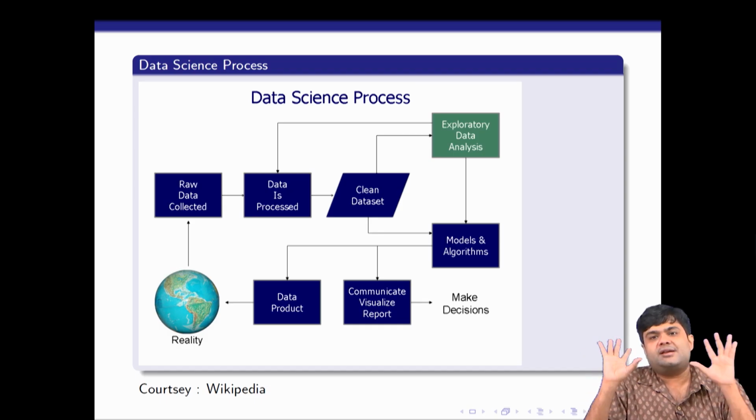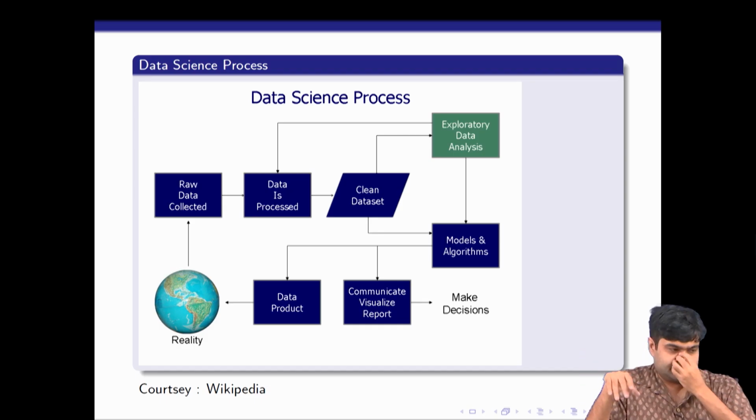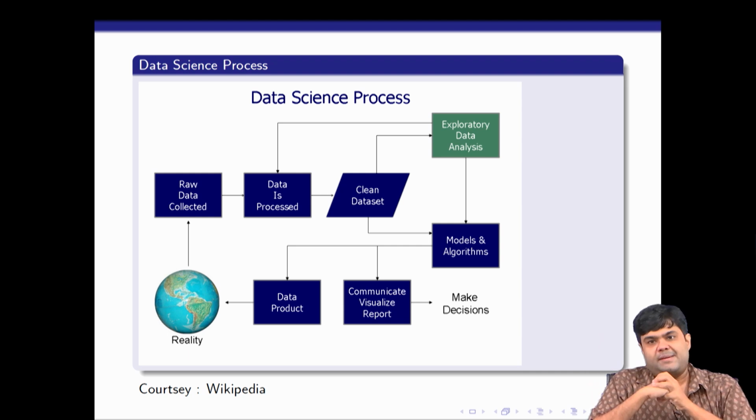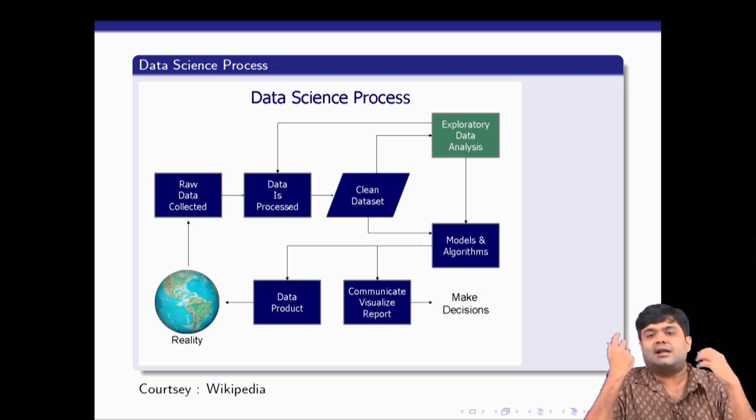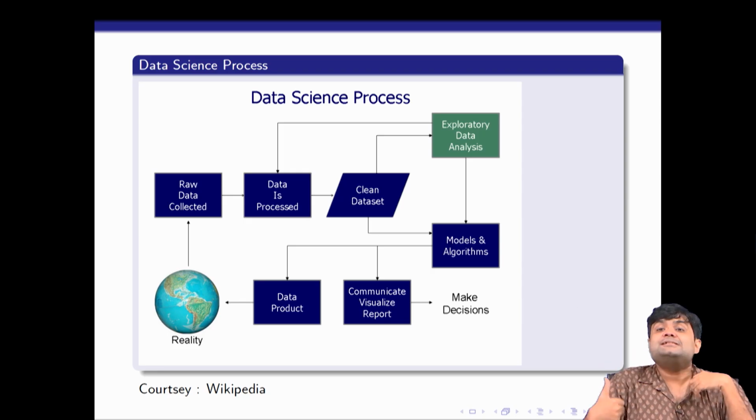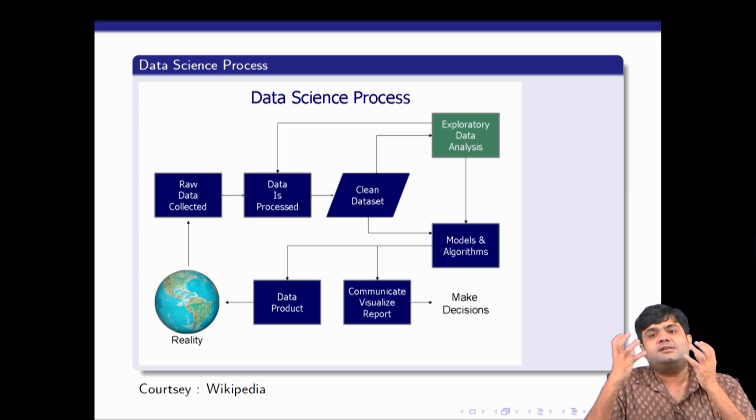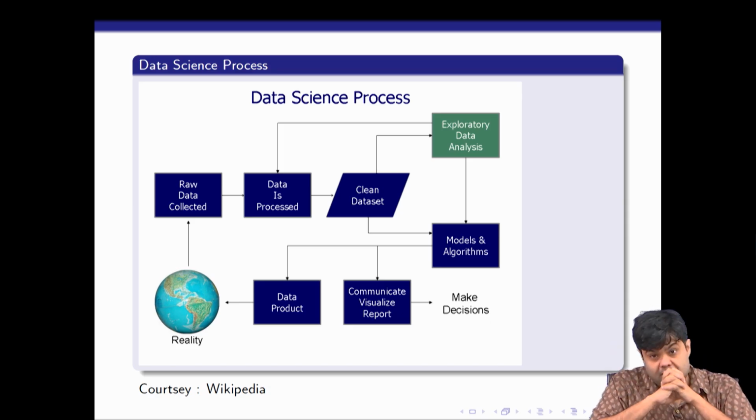Sometimes certain things will be categorical. Let's say we are talking about whether somebody is married or not. That question may be transformed into ones and zeros, where one indicates the person is married and 0 indicates the person is unmarried.